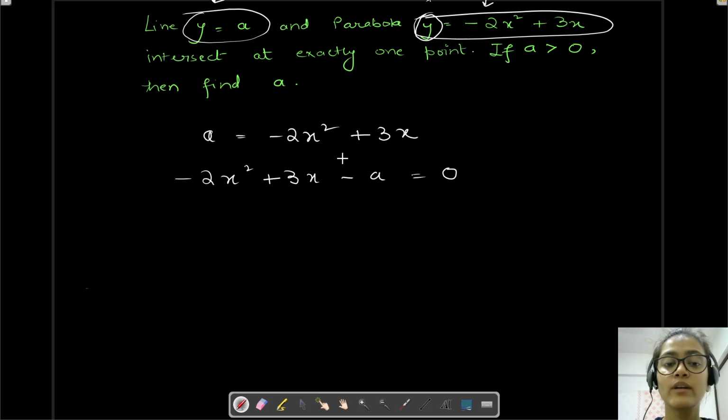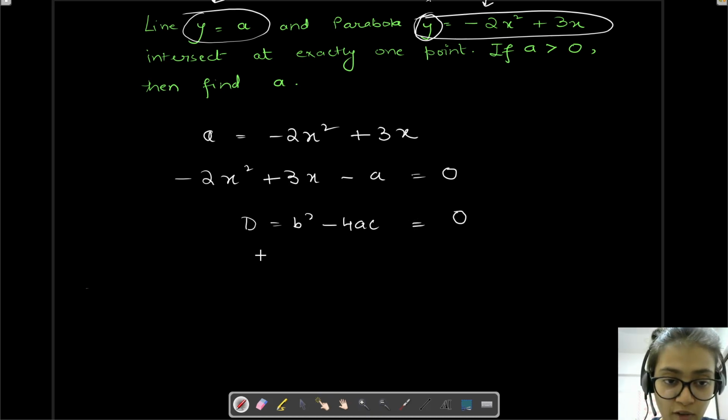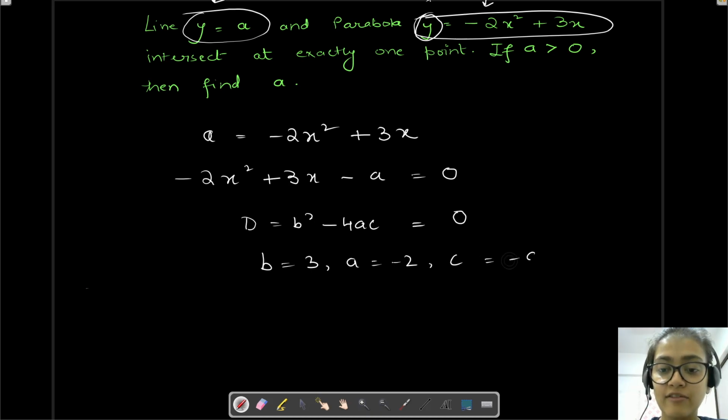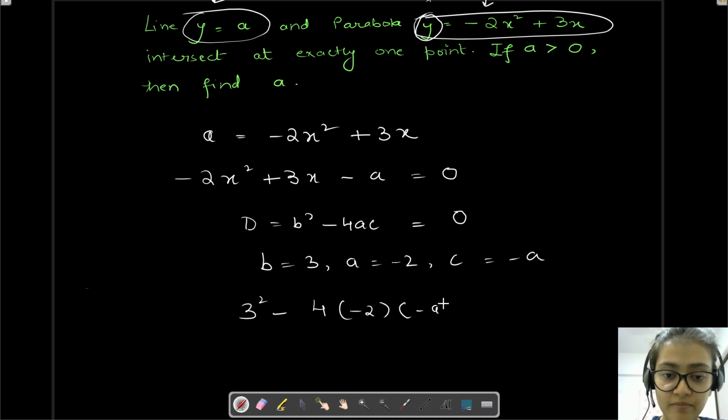Now, since this is a case of one solution, again what you will do is set the discriminant equal to 0. So let's find the discriminant. The value of b is 3, a is -2, and here c is -a. So b², that means 3², minus 4 times a, which is -2, and c is negative a.